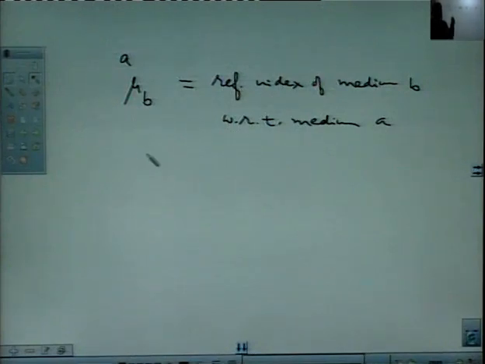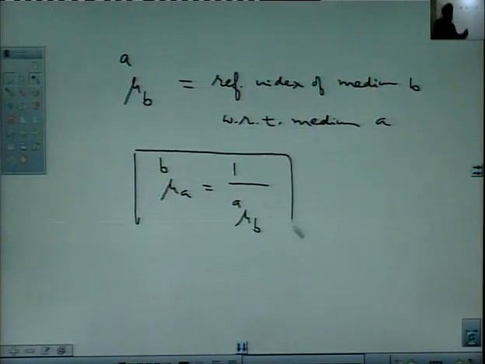It can be proved that B mu A is equal to 1 over A mu B. Refractive index of medium A with respect to medium B is equal to reciprocal of refractive index of medium B with respect to medium A. Sometimes we have a compound medium.